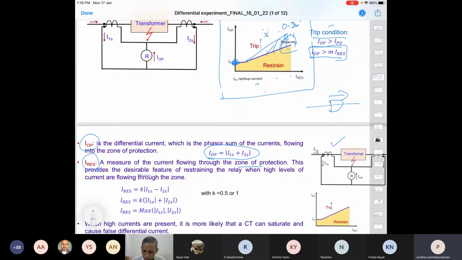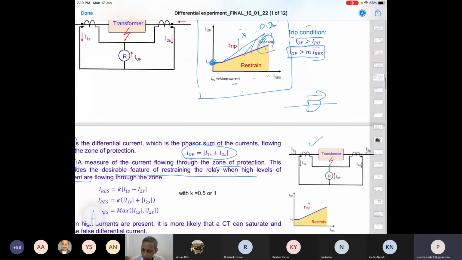This provides the desirable feature of restraining the relay when higher levels of current are flowing. Why do you provide it? Because for any external faults, CT saturation and mismatch make the corresponding values very high. During a large amount of current in the external case, the restraining should be more, as you adjust from this earlier curve.